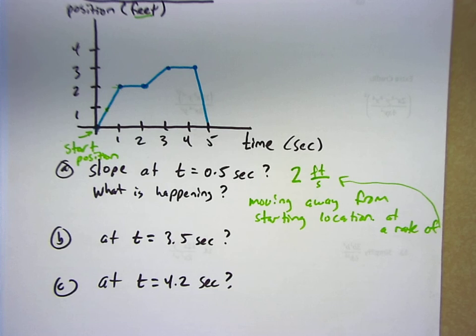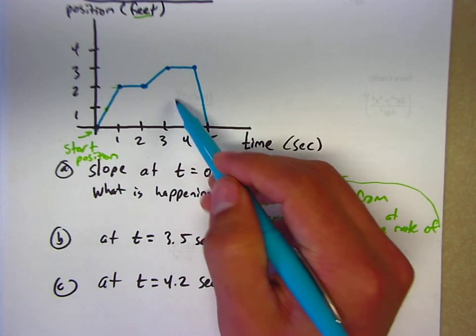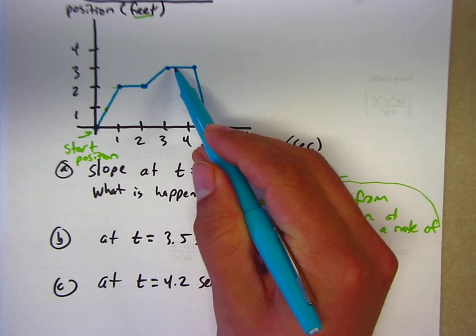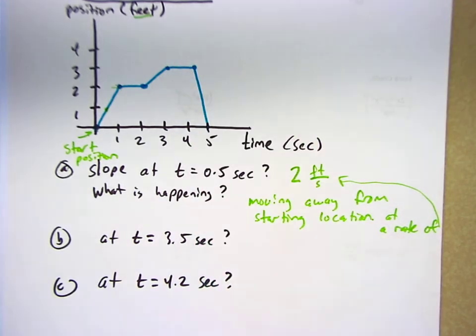All right, let's try B. At 3.5, what's the slope at 3.5? So it's going to be whatever the slope is for that segment. Maybe Mason can help us out with this one. 0. 0 is correct.